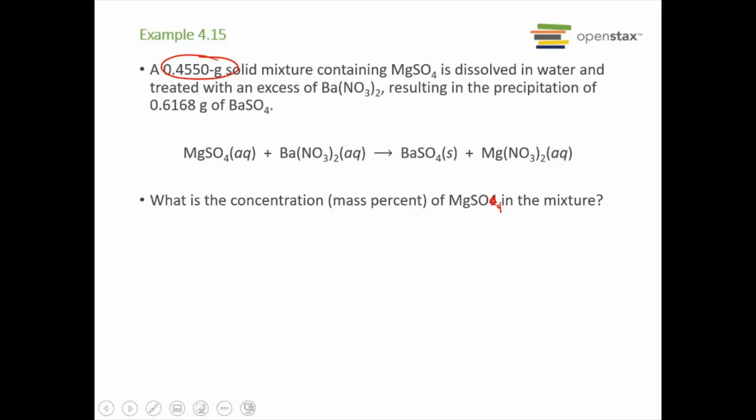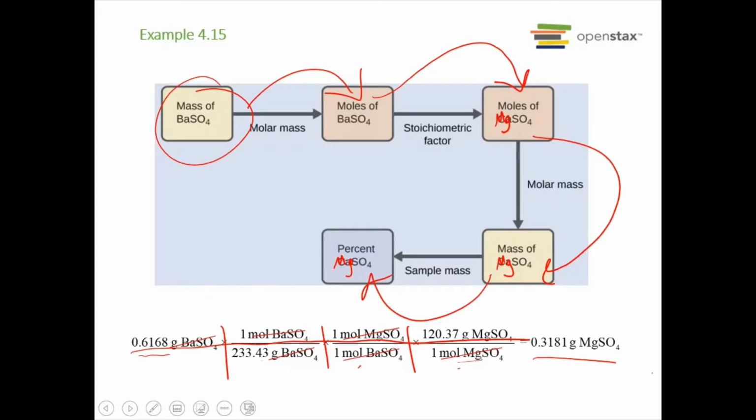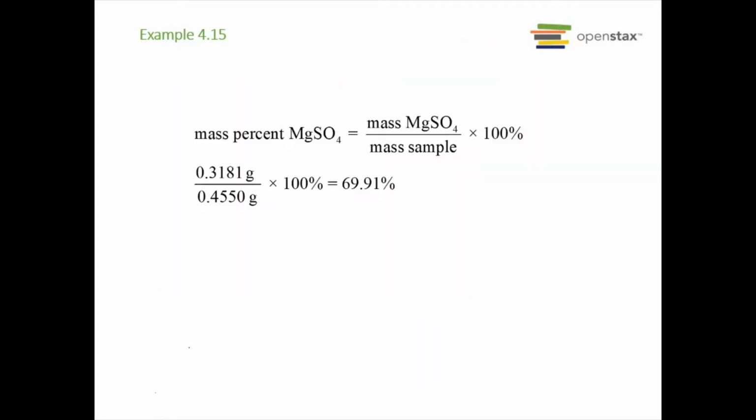So that's where that number comes into play. So the percentage of magnesium sulfate in that sample is 0.3181 divided by 0.4550 times 100% gives us 69.91%. And that is our percent magnesium sulfate in our sample.